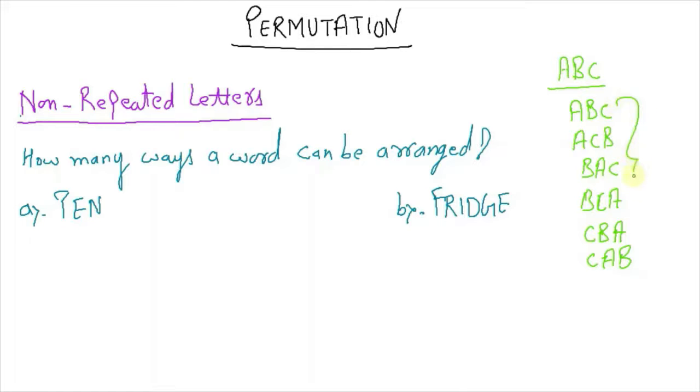So there are 6 ways to arrange ABC. It means ABC can be arranged in 3 factorial ways.